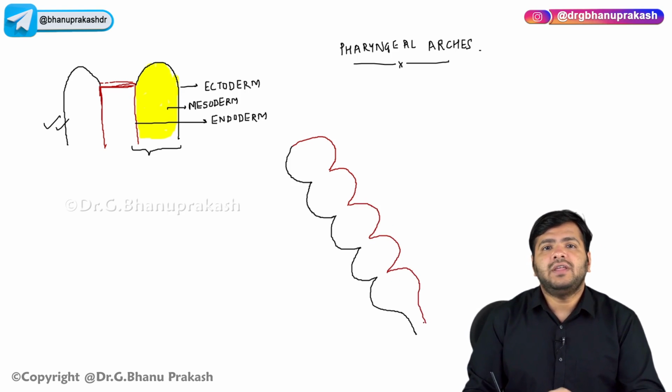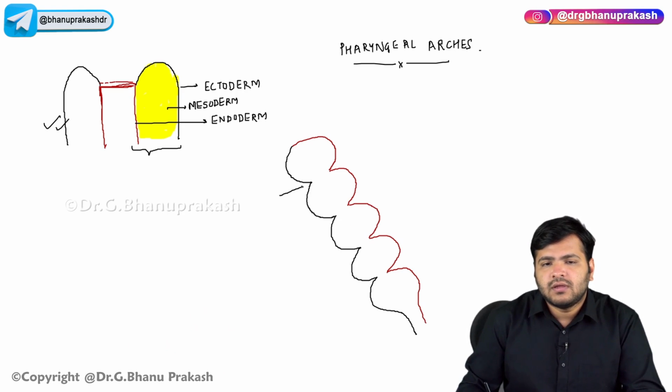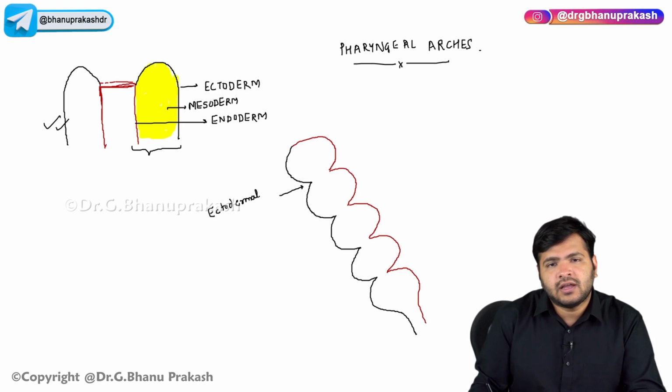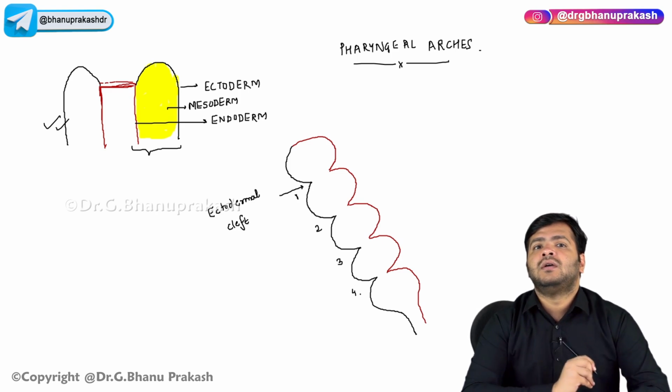So you already know the ectoderm will give rise to the ectodermal cleft. There will be a cleft which will be formed. It is called the ectodermal cleft. We have the first ectodermal cleft, the second, the third and the fourth.